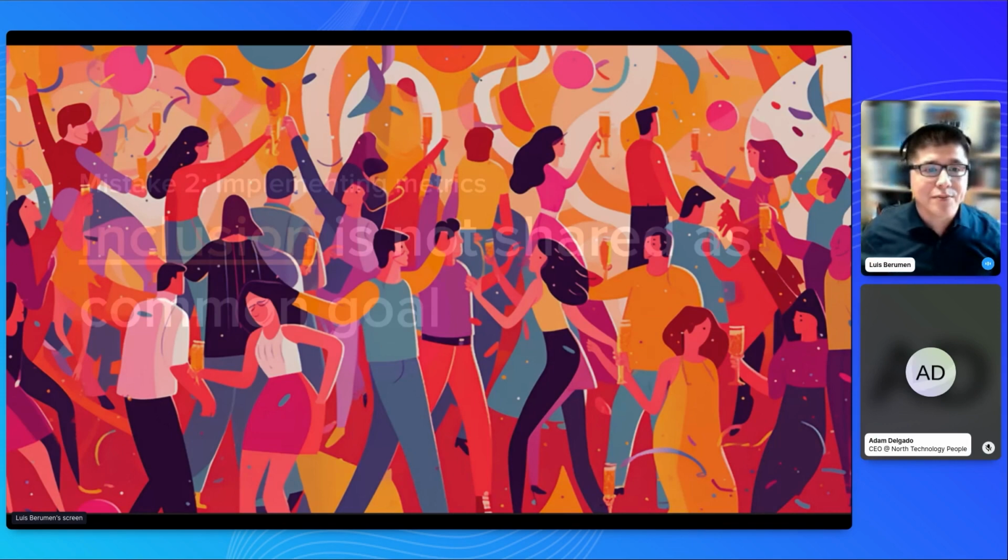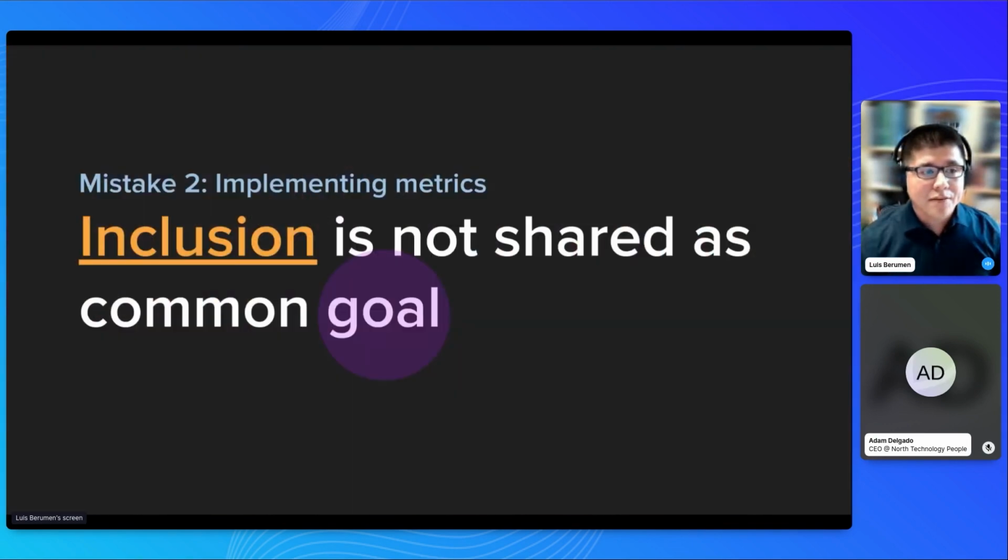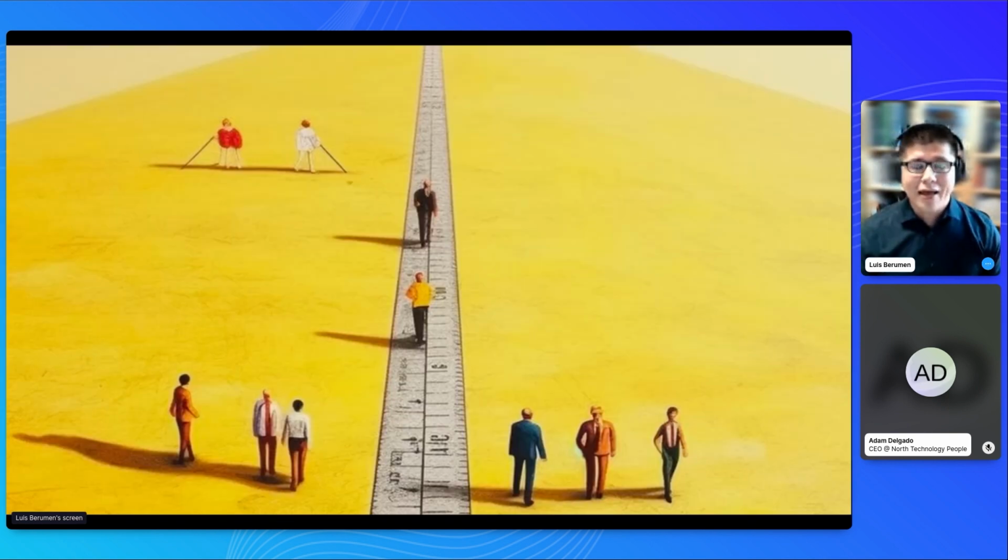Mistake number two. This is implementation of metrics, and this happens when inclusion is not shared as a common goal. Same thing with the value of everything. Sometimes I face that with the value of design. I have been in places where I cannot set up a metric because I do not own the outcome.